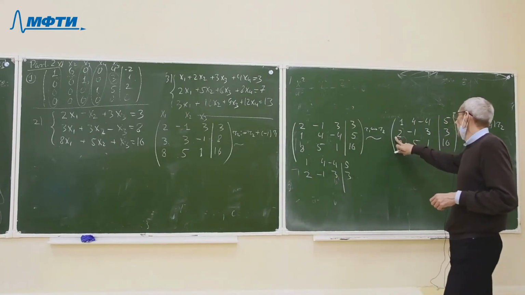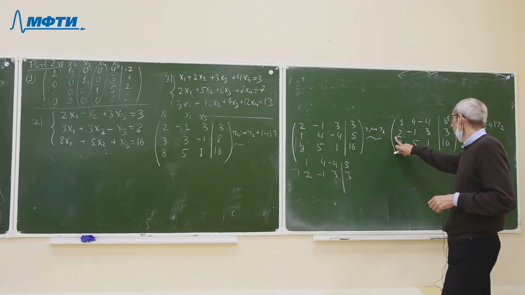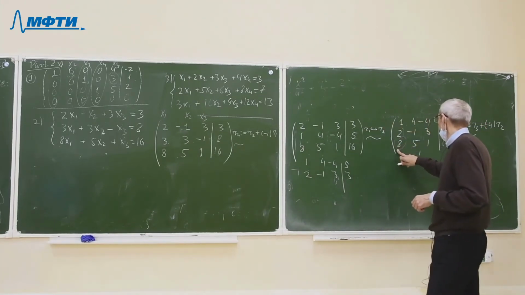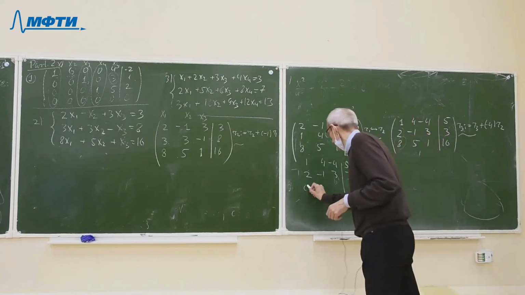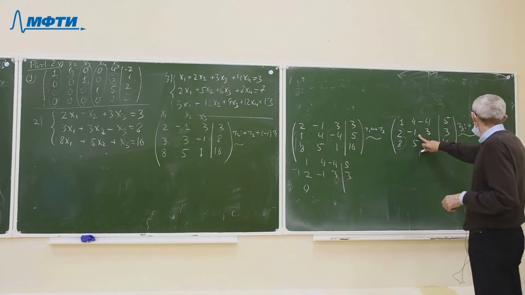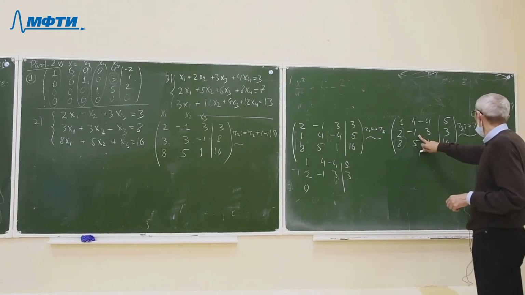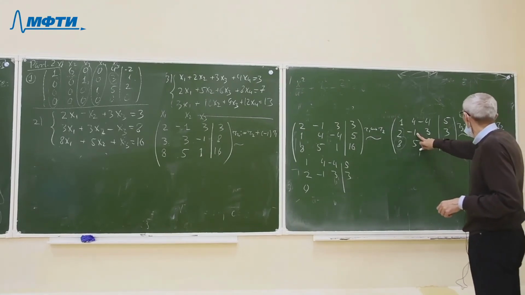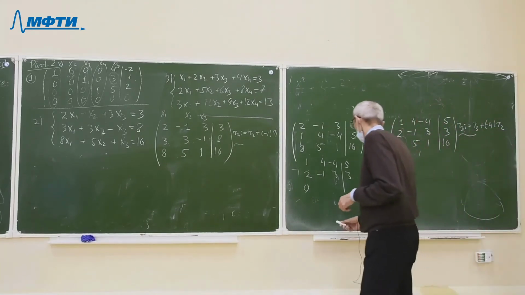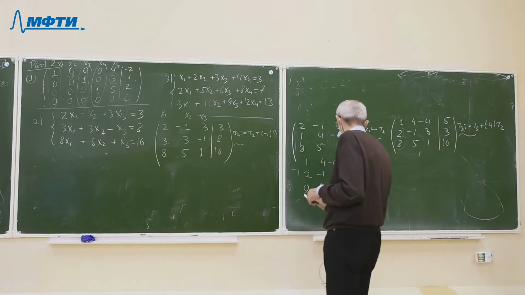Multiply by minus 4: plus, minus 8 plus 8 is equal to 0. Multiply minus 4 on minus 1, 4 plus 5 is equal to 9.